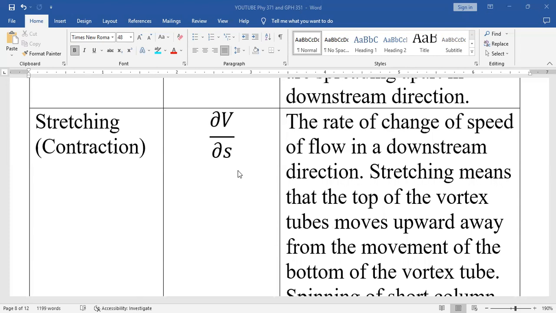It is defined in terms of natural coordinates as the dv over the ds, which is the rate of change of speed, or you can say the rate of change of velocity of the flow in the downstream direction. The rate of change of velocity of the flow, dv, in the downstream direction.